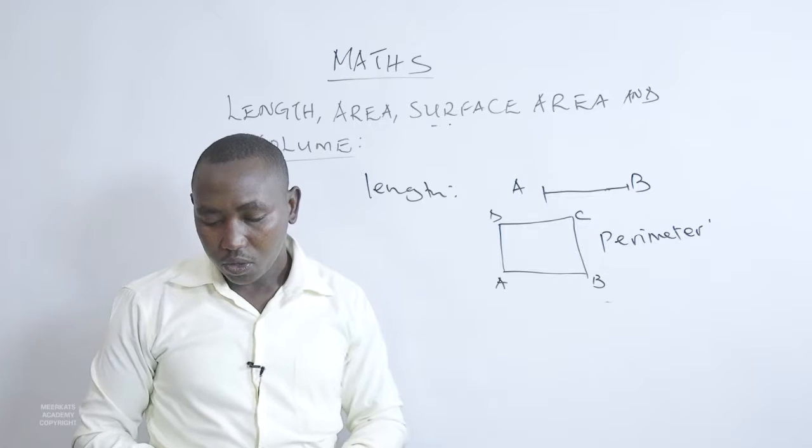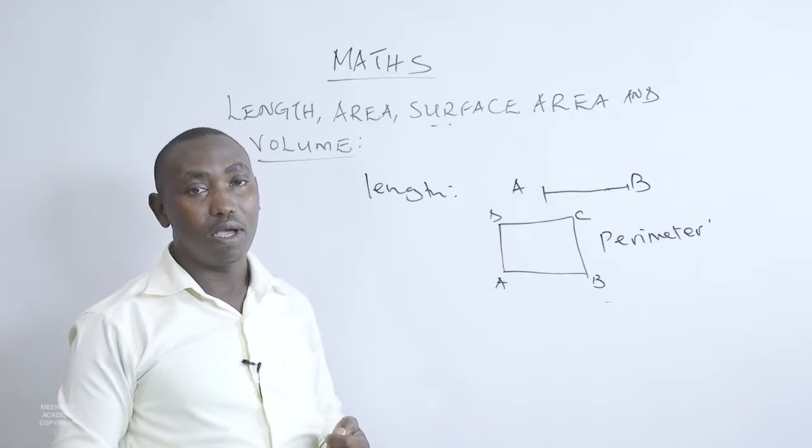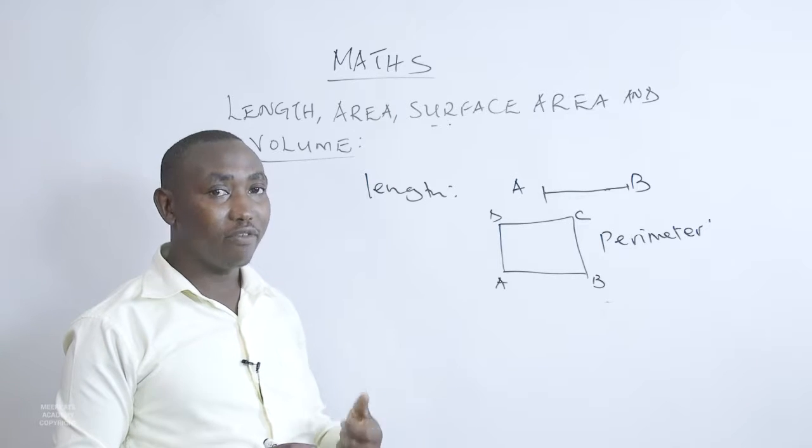We were also able to cover perimeter on a circle, which we are calling the circumference.